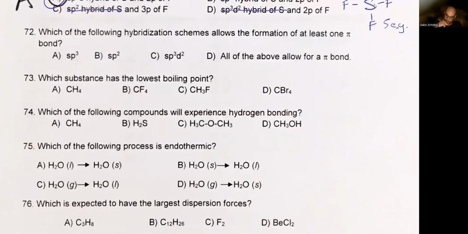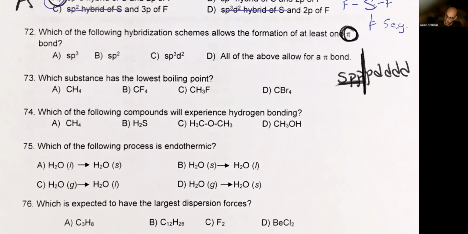Which of the following schemes allows the formation of at least 1 pi bond? In order to have a pi bond, you have to have a free p orbital. So if I do that thing again, sp, p, p, d, d, d, d, I can have pi bonding as long as I stop here.